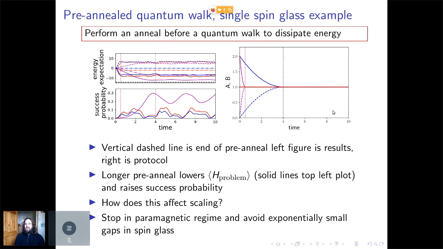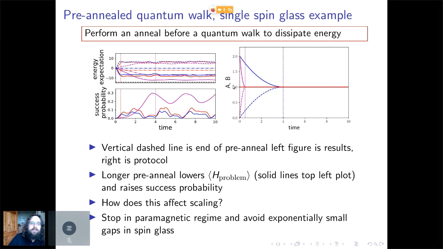This, by the way, is actually what you'd have in a realistic system. Oftentimes you can't change your controls instantaneously. For instance, in flux qubit systems, you can't. And what we have is these dotted lines are basically where it stops. The dashed and solid lines are A and B, the different A and B parameters in the Hamiltonian.